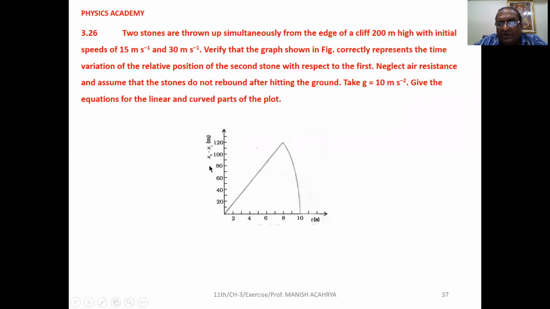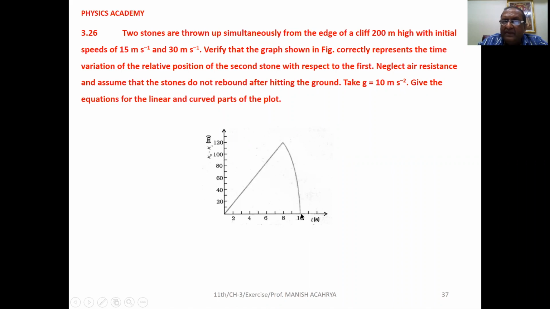See here the plot, that is x2 minus x1. So x2 minus x1 represents the position of stone 2 with respect to the position of stone 1. So x2 minus x1 versus time t, the graph is plotted. And here the graph is a straight line up to 8 seconds, and after that it is curved.